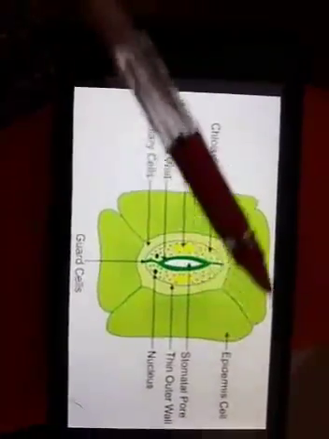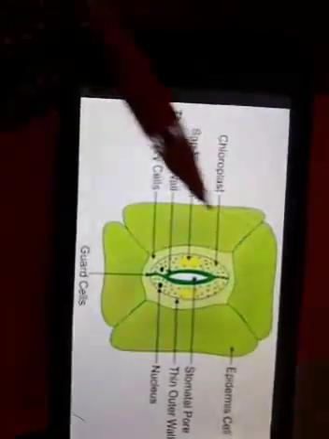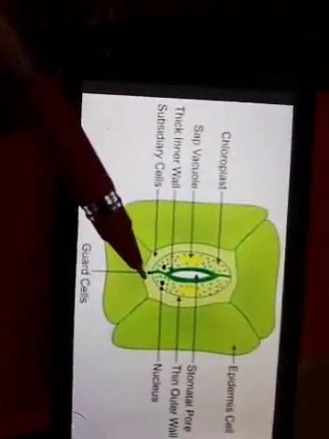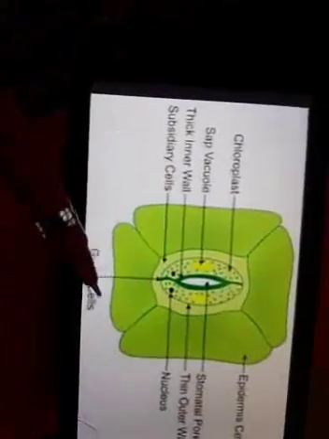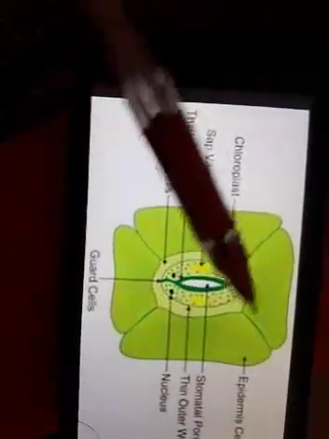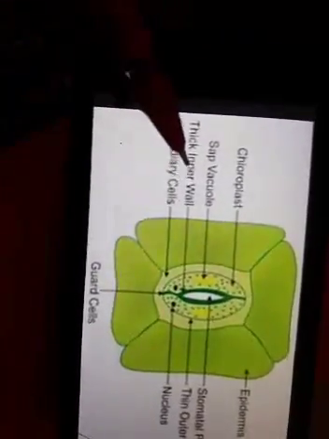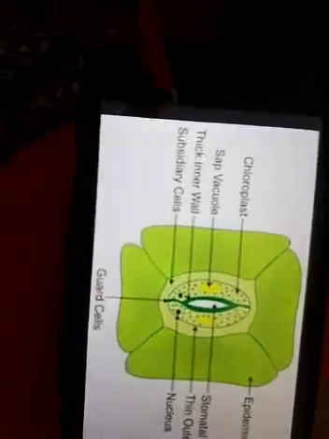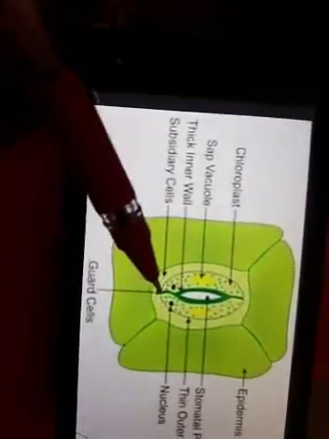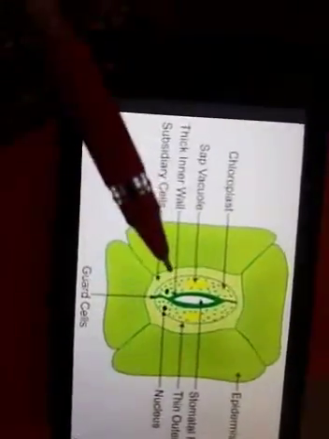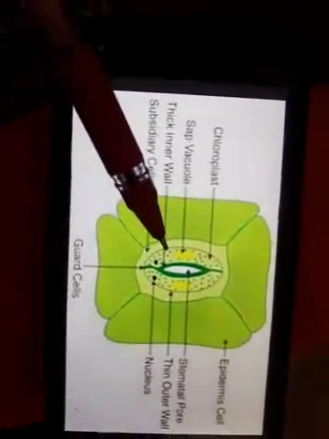These are epidermis cells, the outer cells of the stomata. And these are guard cells, which are surrounded by a thick inner wall and subsidiary cells, which means extra cells. Like every cell, these cells also have a nucleus. Understood?